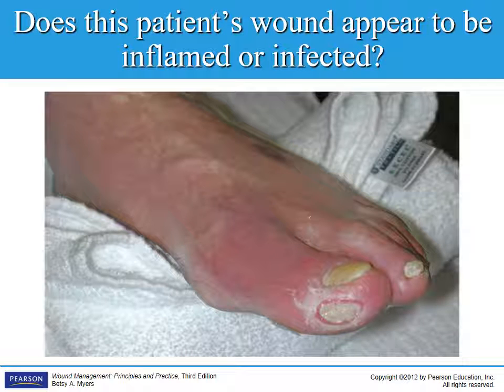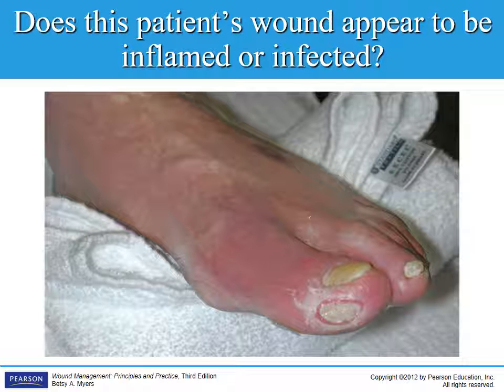So here's an example of a wound, and I think we've seen this toe a couple times before. So is this wound inflamed or infected? If you look at the second toe and you see how red it is, and you see the extent of the redness climbing up the toe, it becomes, I think, pretty obvious that this is an infected toe.